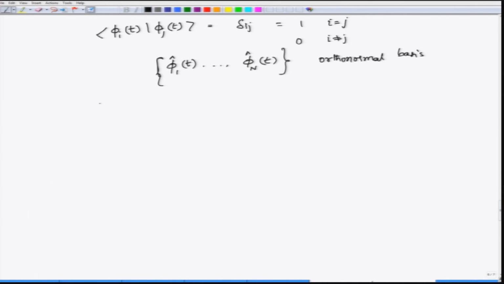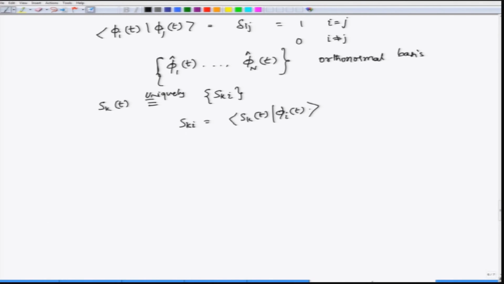Now, we are ready to close our discussion on the signal space. What we have found is that any signal Sk of t, which is a time duration waveform, can be uniquely represented or specified by giving its components Ski. These Ski are obtained by taking the signal Sk of t and forming the inner product of this with the ith basis function.